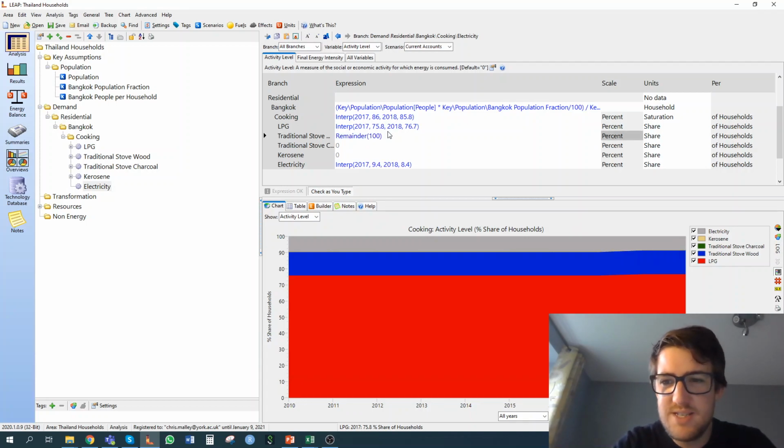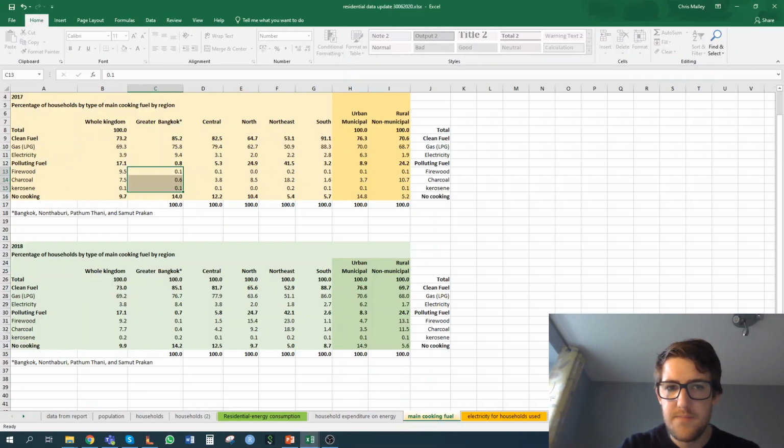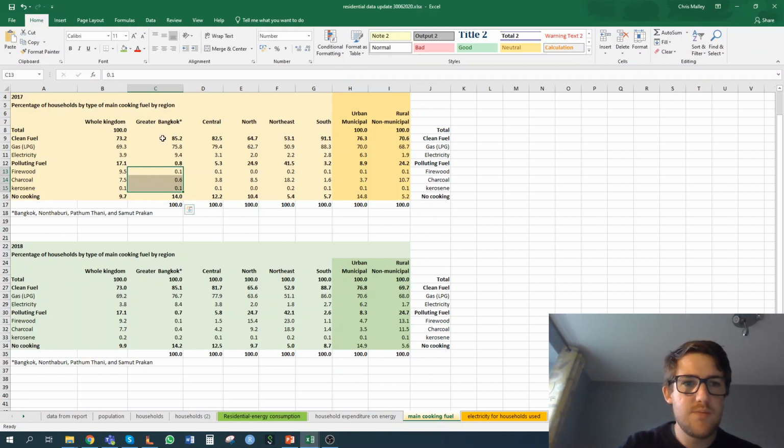And there's a slight mistake here as well that we need to be aware of. These percentages here include the no cooking. So these values are not correct for what we want to do. They include the 14% no cooking.